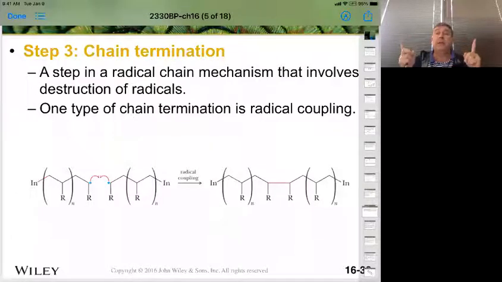So now you have two radicals reacting together to give you a neutral species, and that ends the radical chain. Okay, so now you have no radicals and the reaction is complete. So initiation generates a radical, propagation generates a radical, termination takes two radicals and makes a sigma bond.